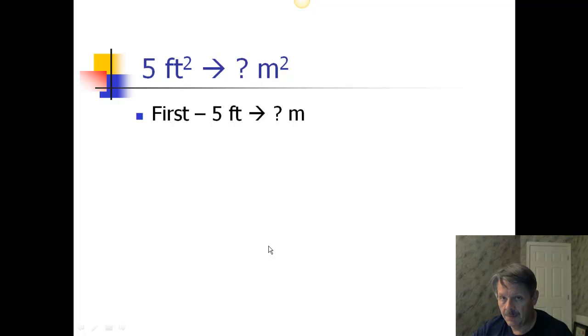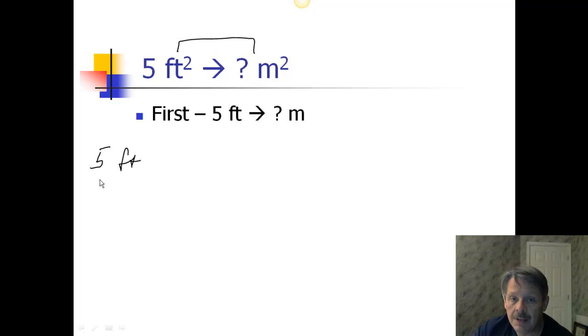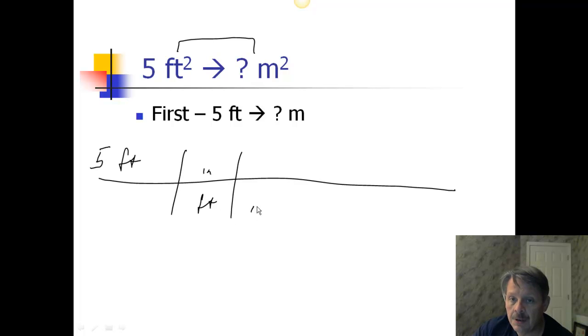Alright, we've got one more type of problem that's a little bit strange, and that is 5 square feet to some number of square meters. Well, first, let's do 5 feet to some number of meters. So let's try that. 5 feet, and I have to get rid of feet and go to inches, and go to centimeters, and go to meters.